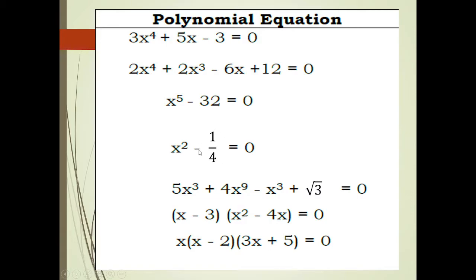Huh? So, this is still a polynomial equation. Now, we have here a radical, square root of 3. So, still this is a polynomial equation because according to the characteristics, the variable should not be inside the radical sign. 3 is not a variable. So, it's okay. It's still a polynomial equation. 3 is a number. And then, okay, ito, swak, mga positive sila.